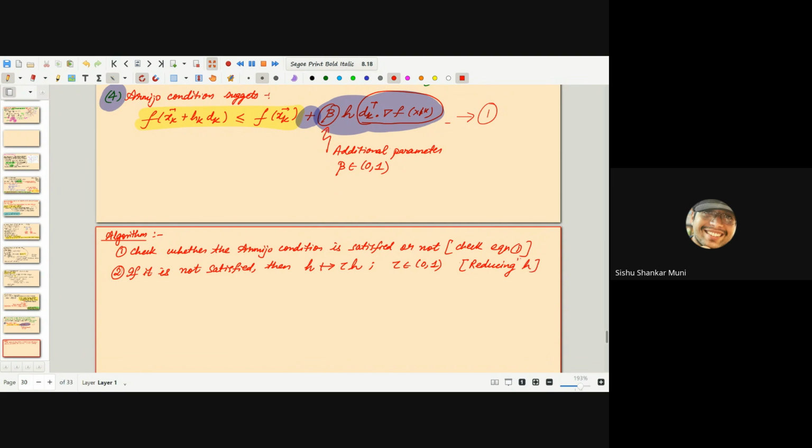To be honest, in numerical methods, the step size always has to be reduced, never increased. Step sizes are never taken as 1.5, 2, 3, 4 like that. It is always taken in the order of 0.1, 0.01, 0.001, 10 to the minus 4. Always a reduction in step size.